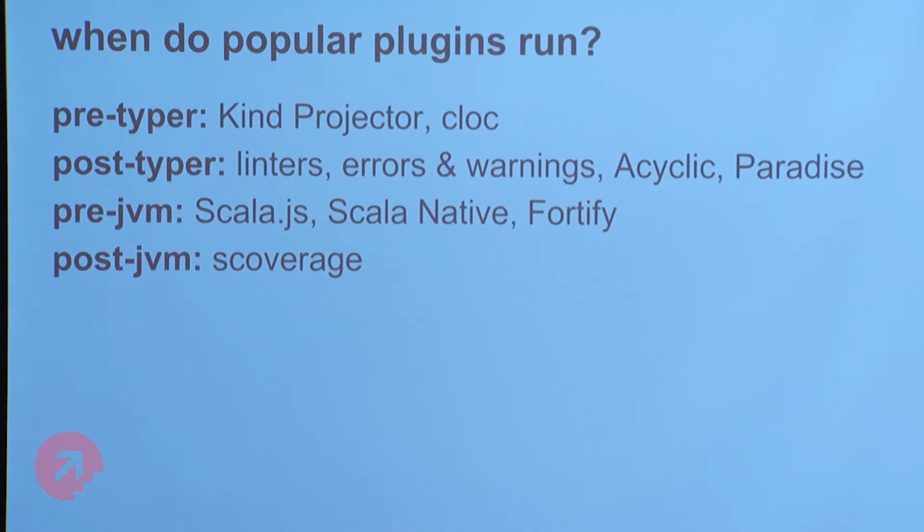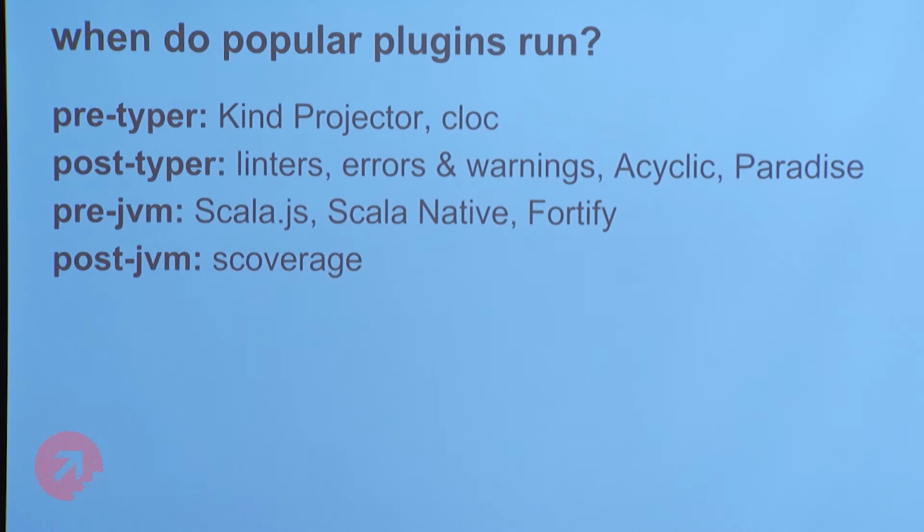I classified most of the plugins on that list I showed according to when they run. So a syntactic plugin runs before typer. Linters typically run right after typer because they want to be analyzing something that has types but is still much like what you wrote.